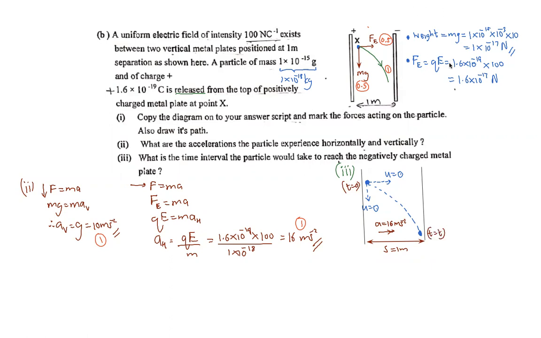Then you can apply what equation? S equals ut plus half at squared, horizontally. S is 1, equals 0 plus half into 16 into t squared. That's it.